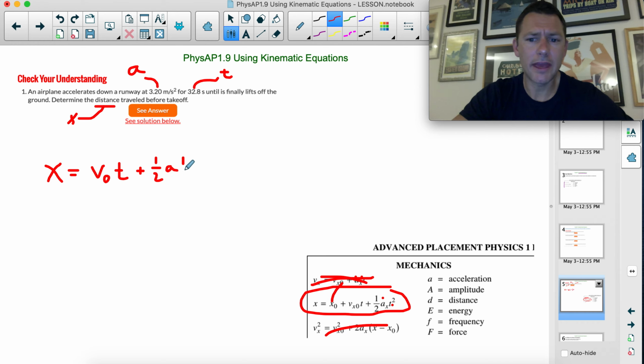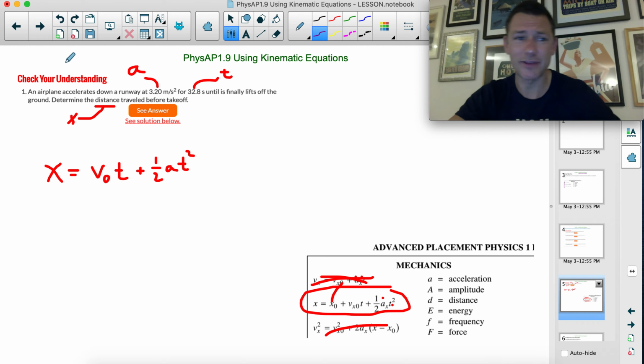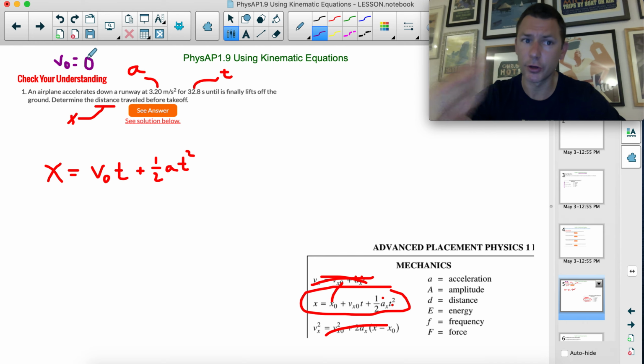I have the a, I have the t. The wild card right now is this v naught, but the airplane starts at rest, right? We're kind of assuming that. So some of these you might have to have a little bit of assumption. I'm assuming v naught is 0. When we start looking at the plane before it goes, it's at 0 meters per second.